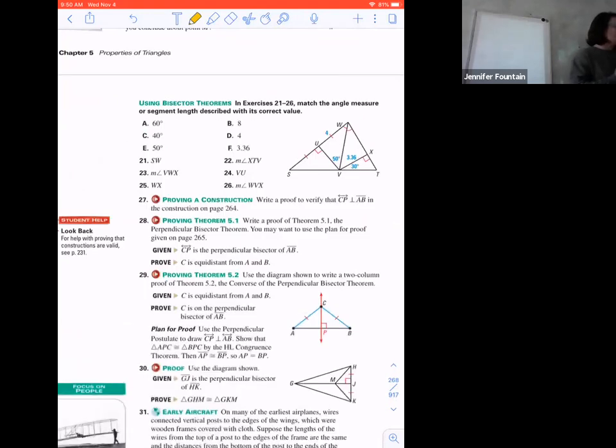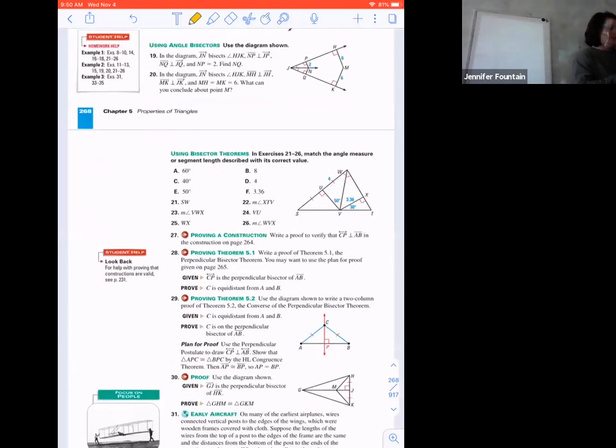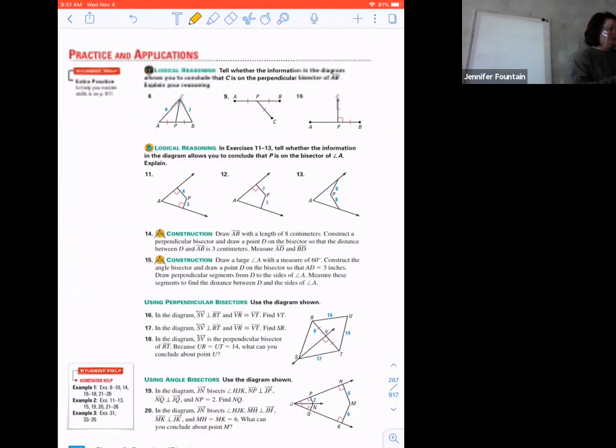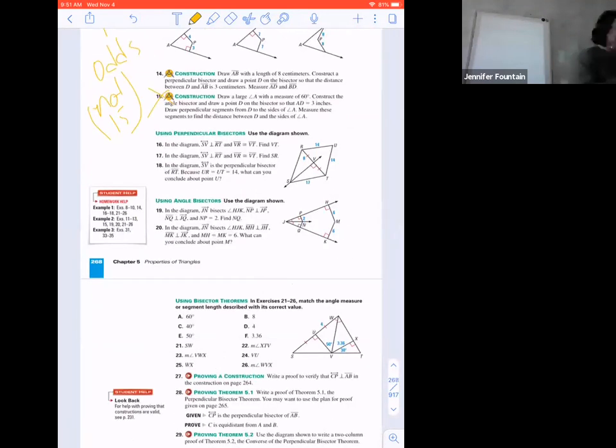And then I want you to go ahead and do 21 through 26 on page 269. So on page 268, we're going to do 9 through 19 odds, but not number 15. So you can mark out number 15.